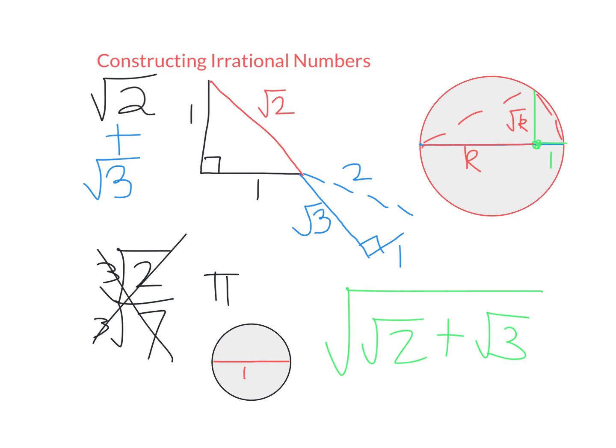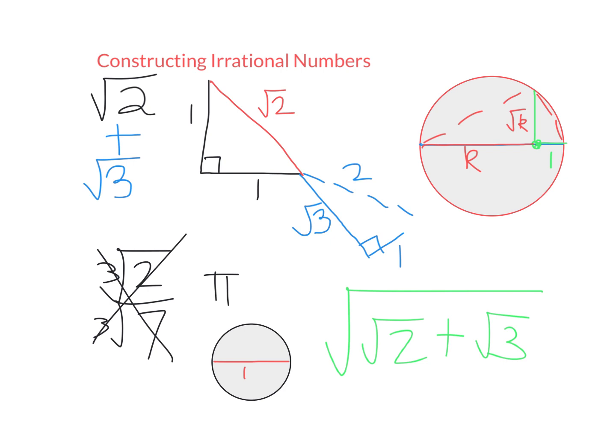But when we're talking constructible numbers, we're talking about line segments. So though it's easy for me to create a circle whose circumference is pi, it's not possible to construct a line segment whose length is exactly pi.